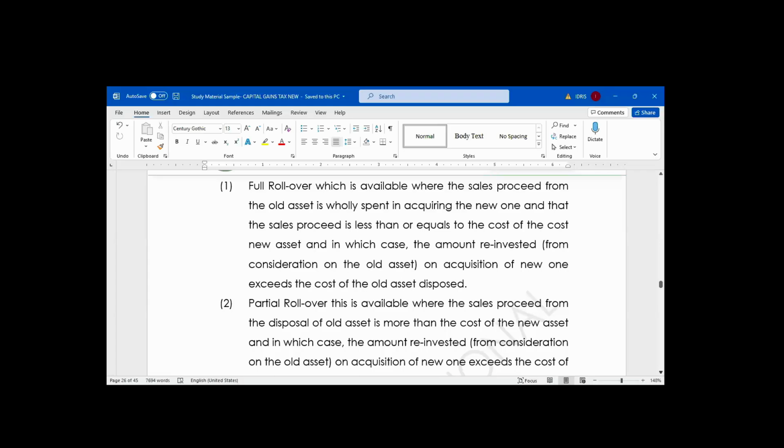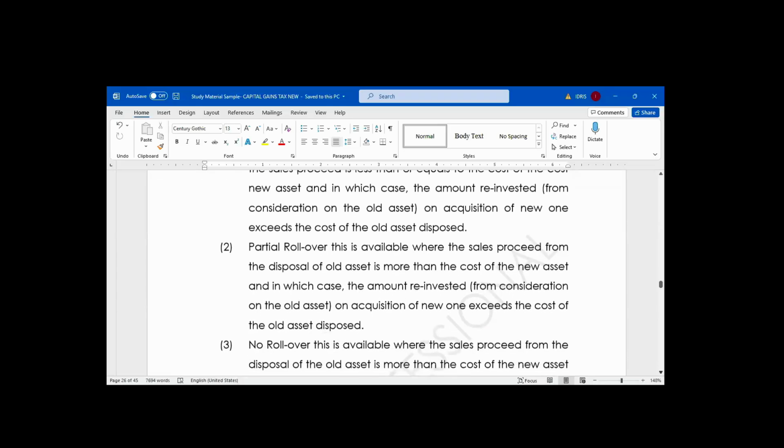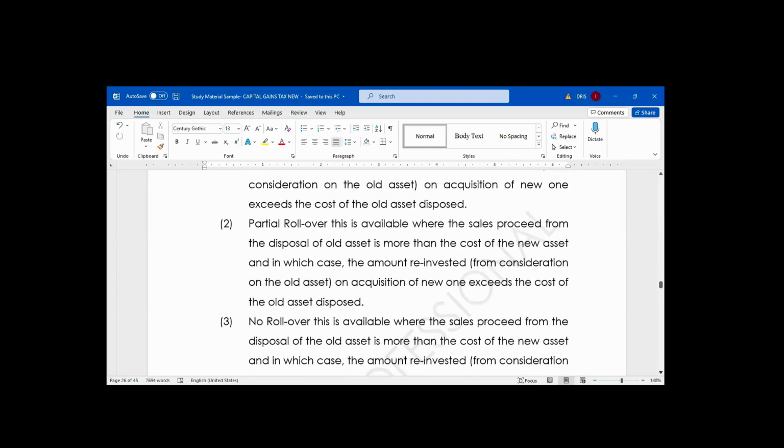For nil rollover relief, nil rollover relief simply means a situation where the amount that was reinvested in the acquisition of new assets is lower than the sales proceeds of the old asset, and also lower than the cost of acquisition of the old assets.